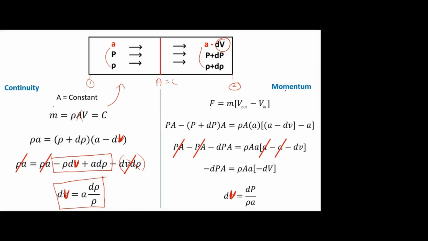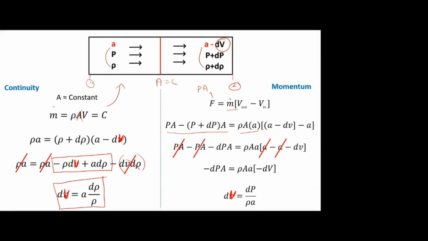Then the momentum equation. You know, it is simply F is equal to m dot dV. dV is V2 minus V1. And F, I can write as pressure into area. Apply to both stations. Here P into A, here P plus dP into A. This is F. And m dot you can take at any station because it is constant.